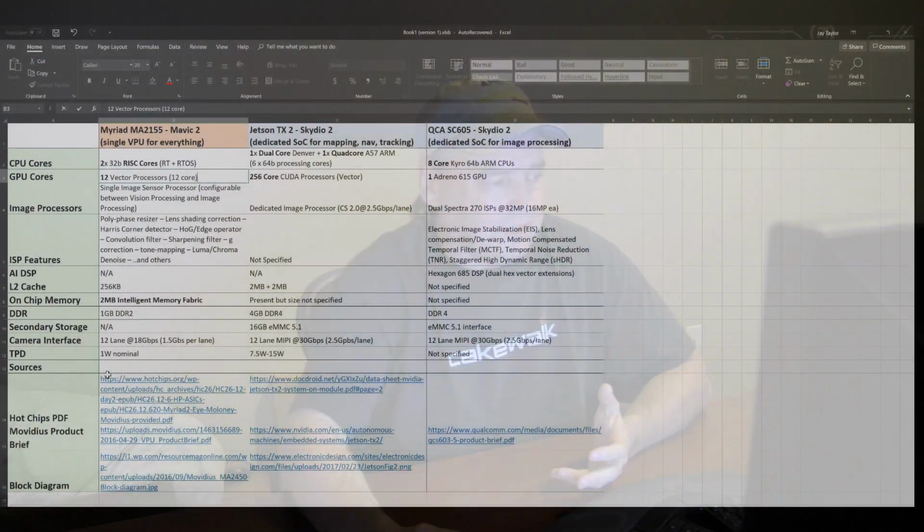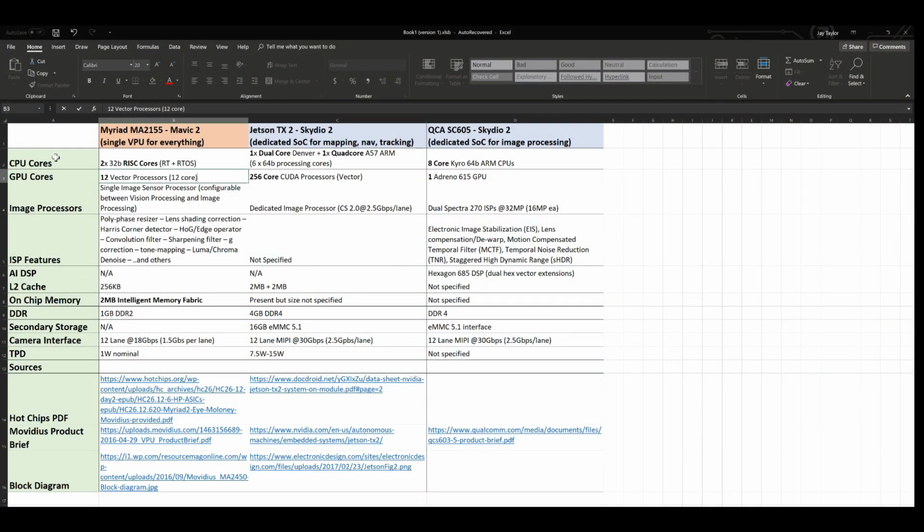So basically what I did then was I compiled all of that into a spreadsheet and started lining these things up and comparing them. What you see here on the left hand side is the CPU core count, the GPU cores, the image processor, just a lot of the basic features of each piece of silicon or SoC, at least the primary features.